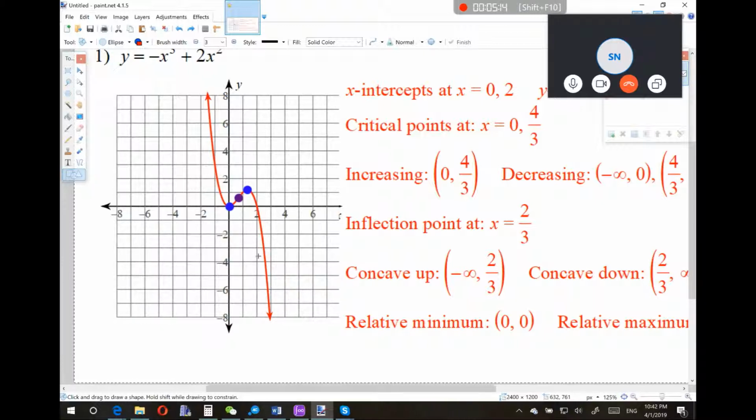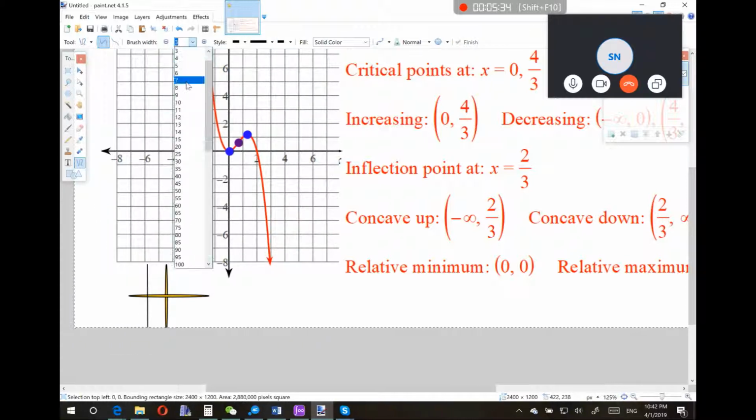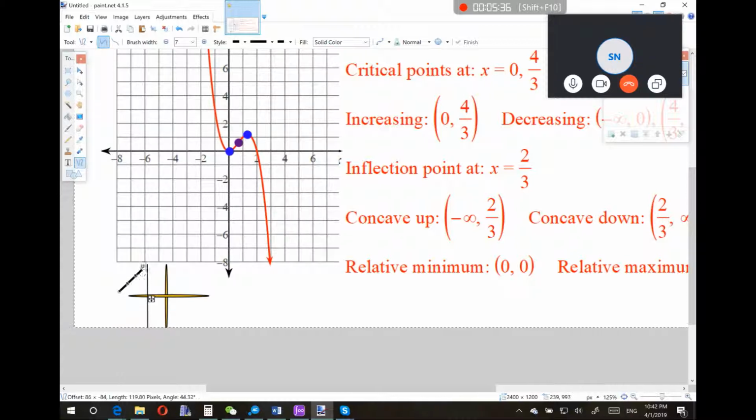It's also possible to have a function where the concavity does not change when our function is undefined. That would look something like this. If that's my coordinate plane, I could have something like a vertical asymptote here at my black line, and our function doing something like this, where we are concave up before that, and increasing, but also concave up after that, just decreasing.